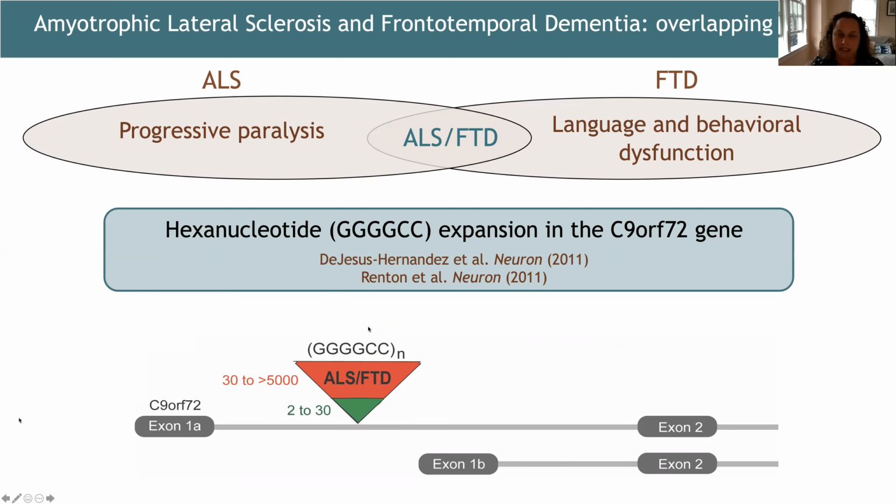Another particularity is that the repeat lies in the non-coding region of the C9orf72 gene. And because there are different start sites that can be used, you can see that it does lie either in the first intron or in a promoter region, depending on which isoform of the C9orf72 transcript we are looking at.